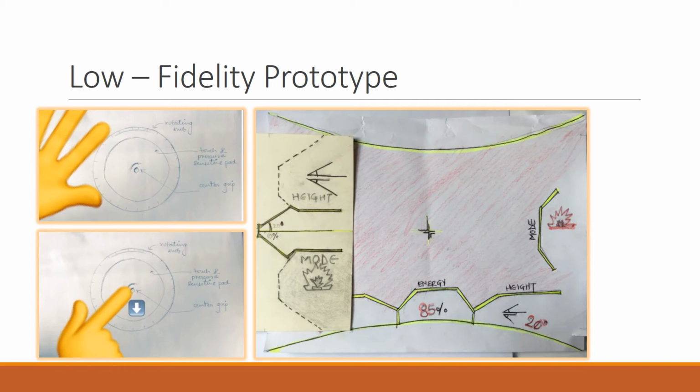It was all hand-drawn sketches, sticky notes and cardboard that I drew up on paper to demonstrate the various screens I would have in my user interface. And again, I thought of a way of interacting with it.